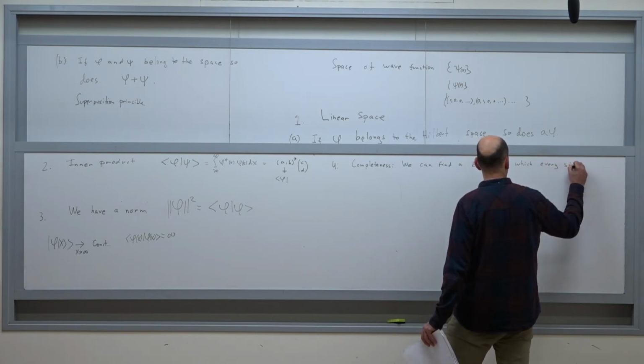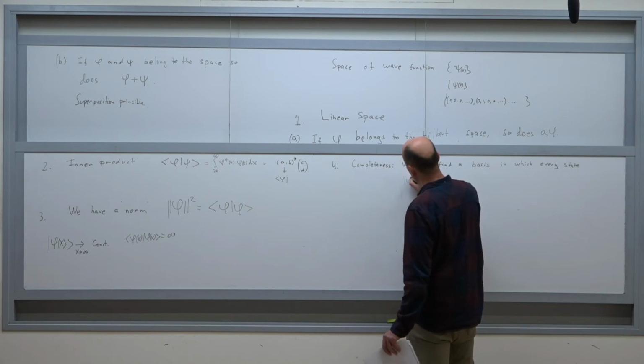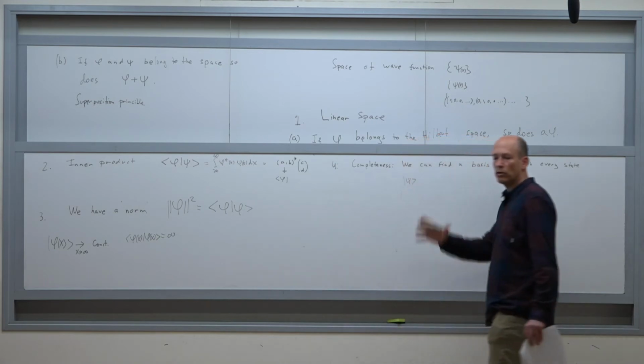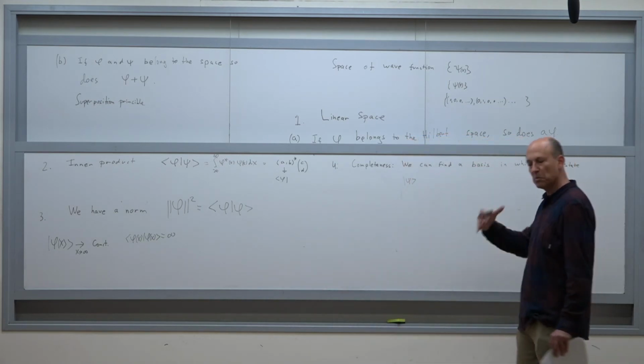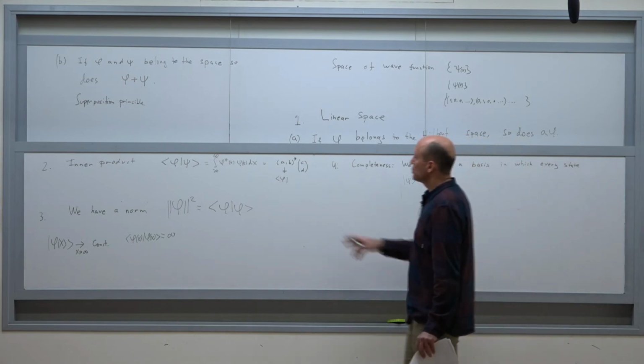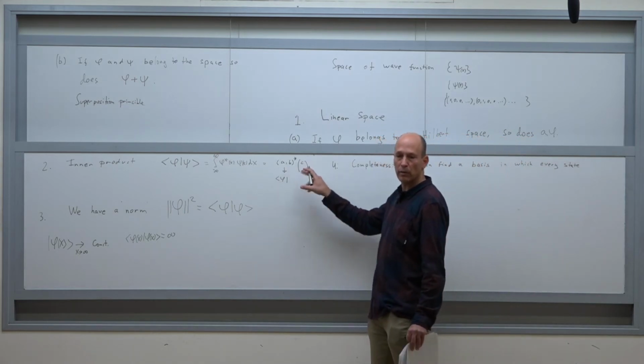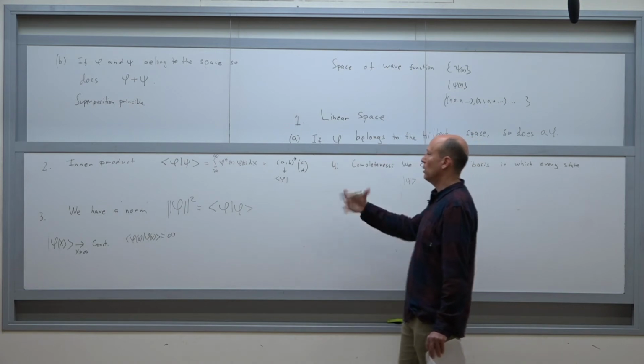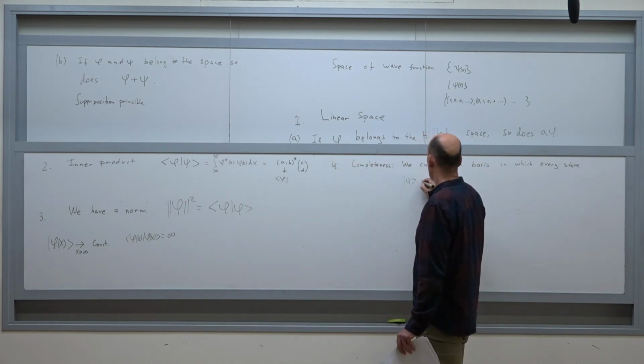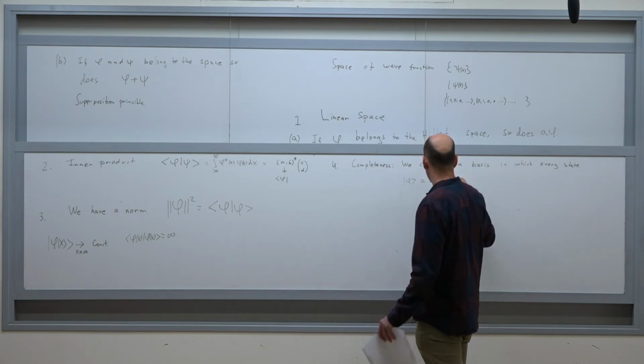State, what do I mean by every state? Every state that belongs to the Hilbert space, whether it's a vector, whether it's a function, whatever it is. Here it's a vector. This is what I mean by vector. You can always expand it by writing it like this, sum psi n phi n.